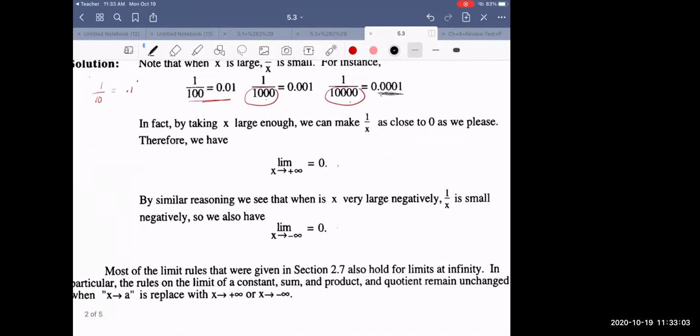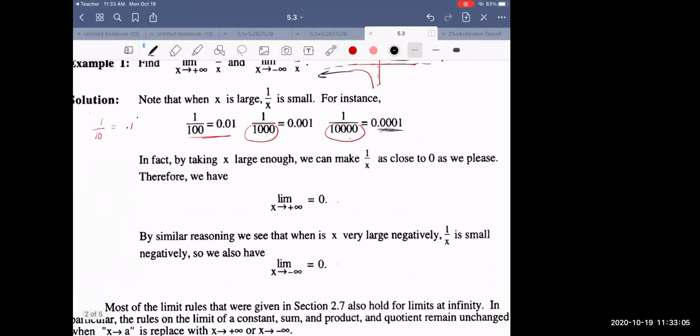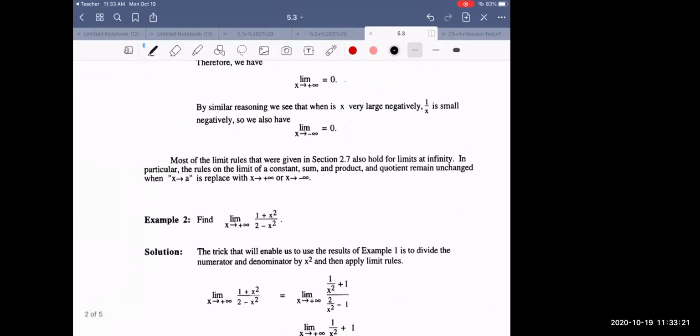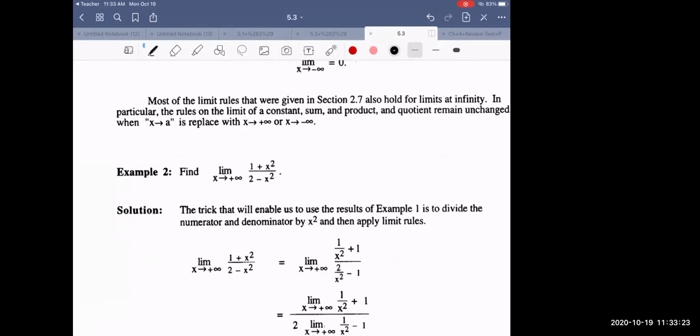This silly little example is going to come in handy, because you are actually going to have to show quite a bit of algebra in some of these problems as to how you get a 0 when you're taking a limit. So here's what you're going to have to show, for example.